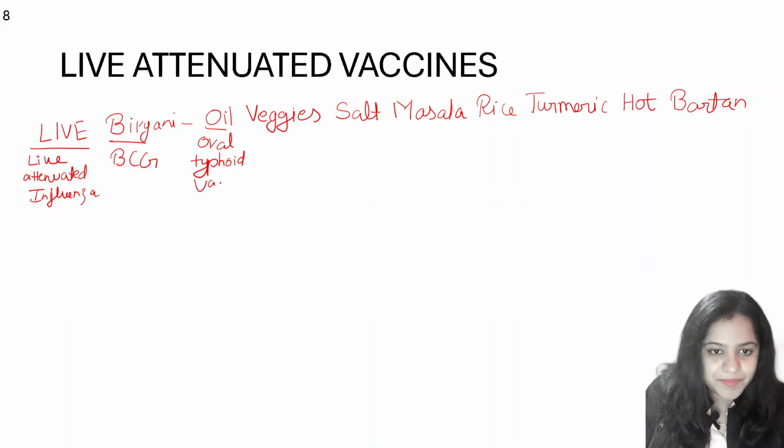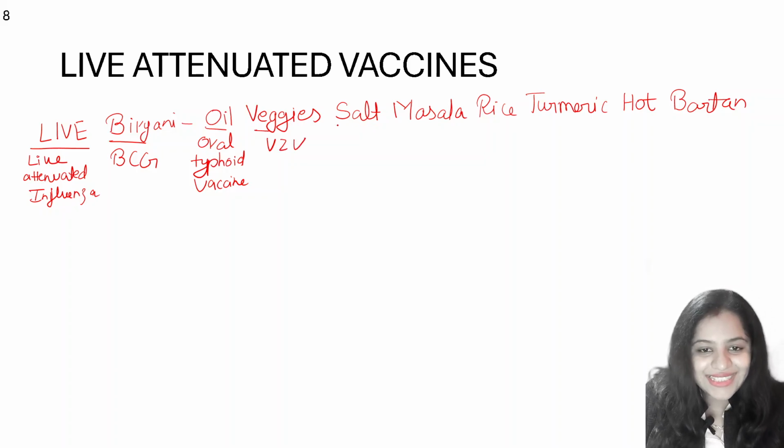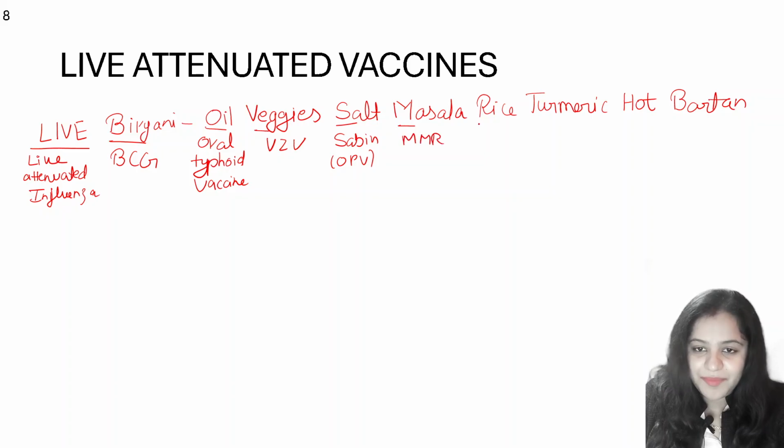Okay? V stands for varicella zoster virus vaccine. S here stands for Sabin vaccine, which is for oral polio virus. This M stands for measles, mumps, rubella. R here stands for rotavirus.